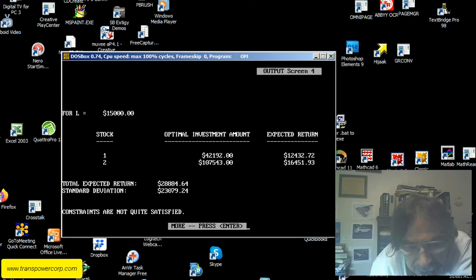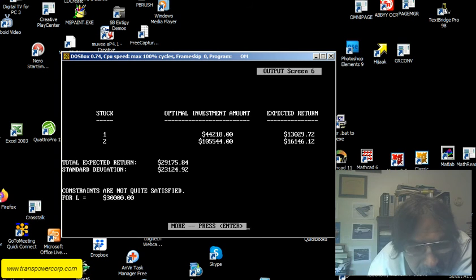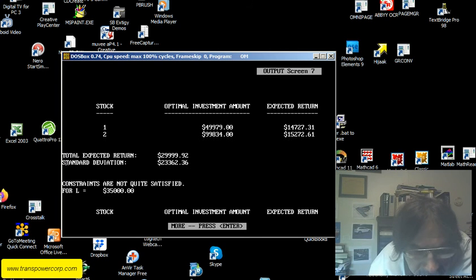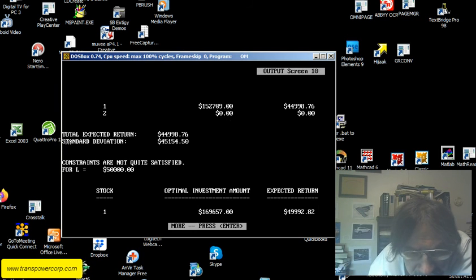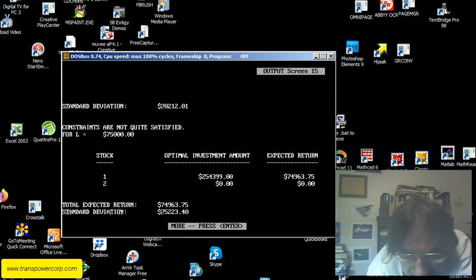And then here's for L equals 15,000, the same information. And then we keep going. Here's for 35,000. So this is interesting.